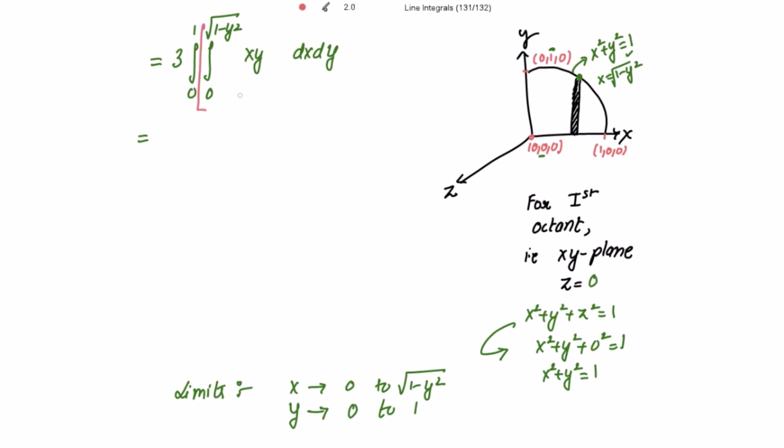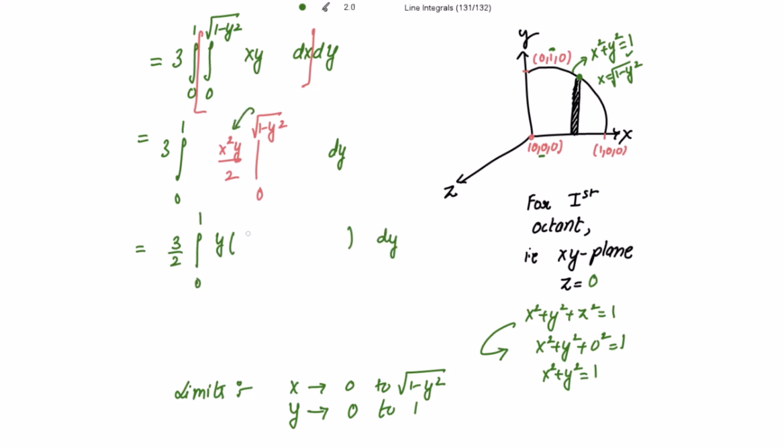Solving this inner integral first. So this is x square y divided by 2 with the limits from 0 to square root of 1 minus y square. That is equal to 3 divided by 2 integral from 0 to 1, putting the upper limit of x, so this is 1 minus y square, minus 0. So that is y minus y cube.